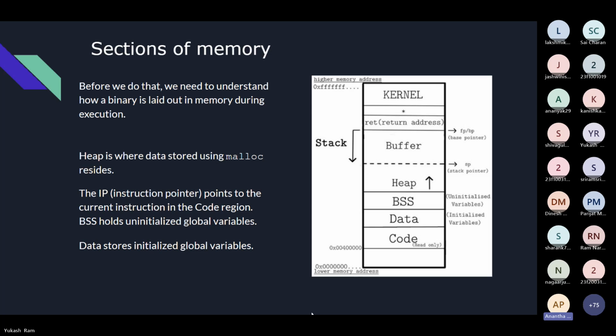Initially there will be the return address of the main function, which will call back the main function, and it will stop execution. If there is a buffer under that, here the writing of the data is from bottom to top.